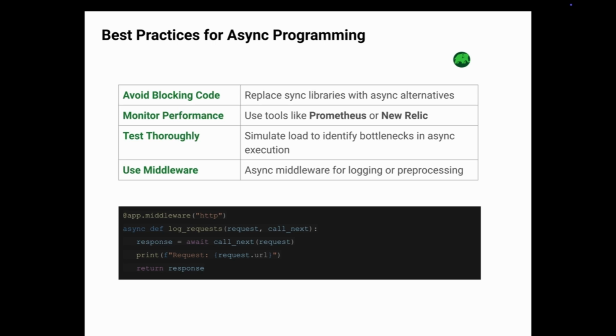Here's an example of async middleware that logs requests without blocking the main app.